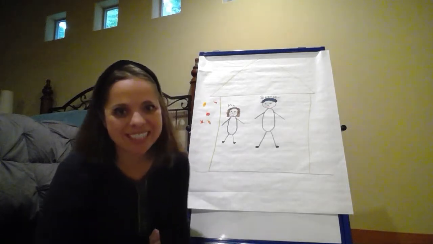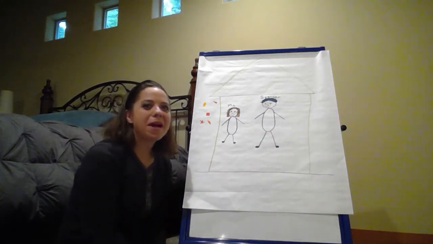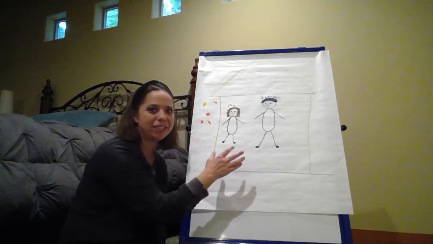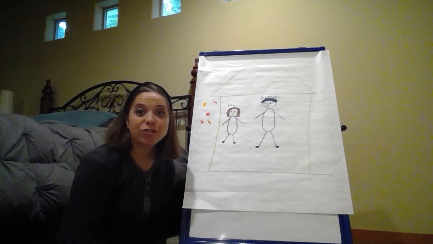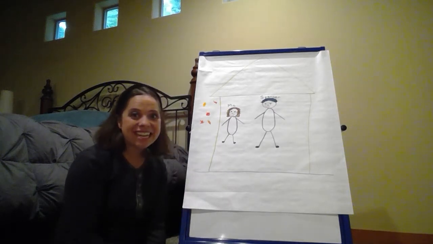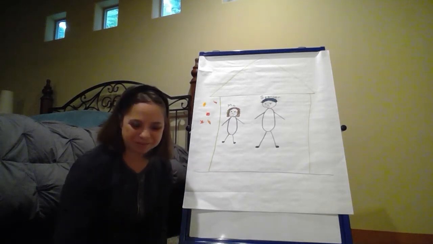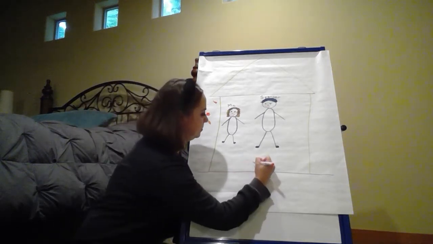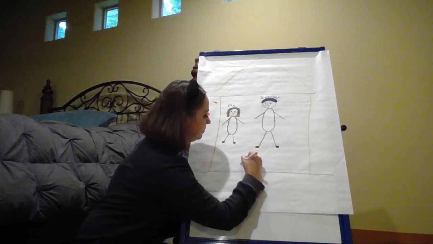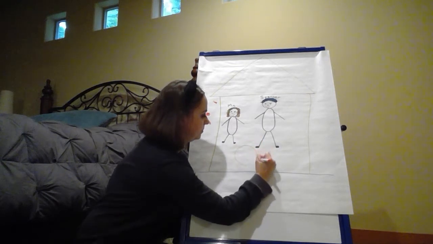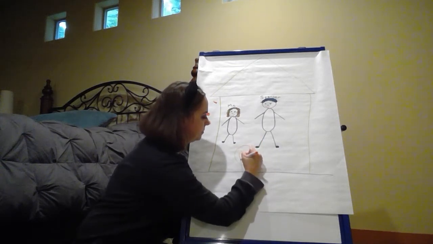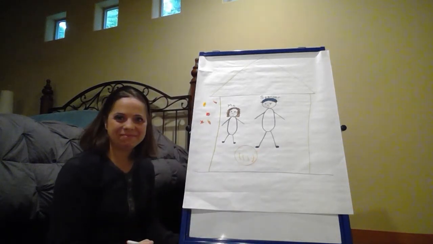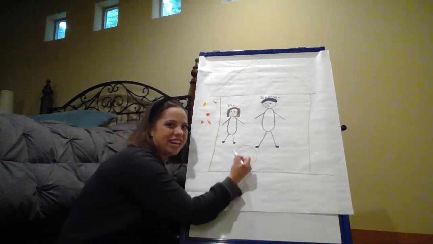There is another person that lives in our house, but I'm not going to draw her yet. First, I'm going to draw something that's part of our tradition in the fall season in the month of October. What shape did I draw?